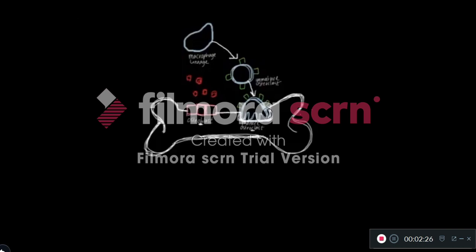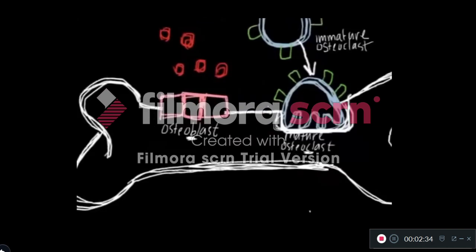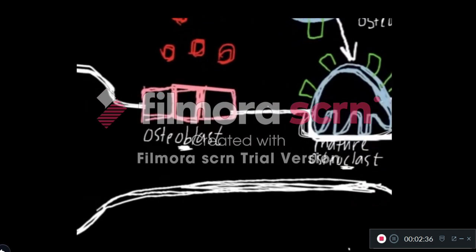So, for the purposes of this talk, I'm going to focus on how the osteoblast actually helps facilitate and regulate that process over there. So let's zoom in really quick, and we see these red circles that are actually being produced by our osteoblasts. We're going to call it rank ligand.